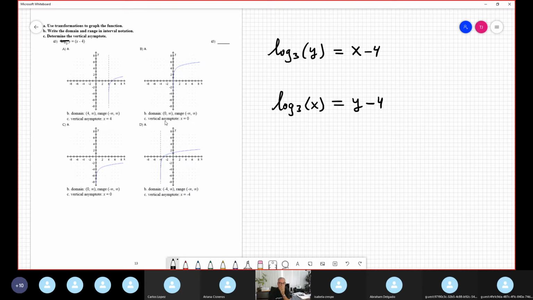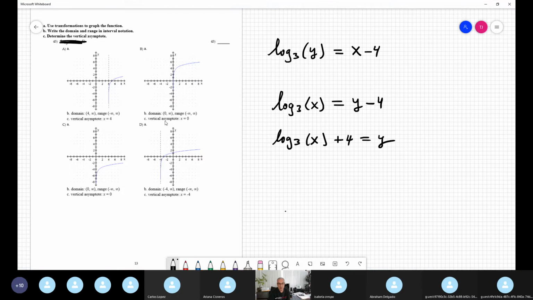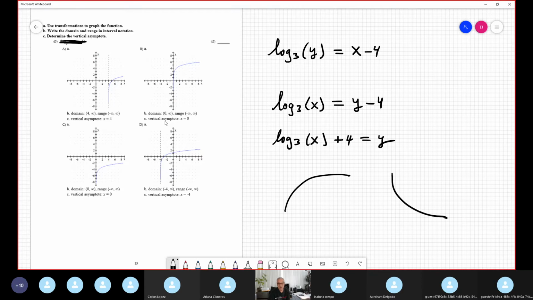So now you fix it up. This actually is logarithm base 3 of x plus 4 equal y. Well, I know that the base is greater than 1, so this is a logarithm like that, not like that, because the base is 3.